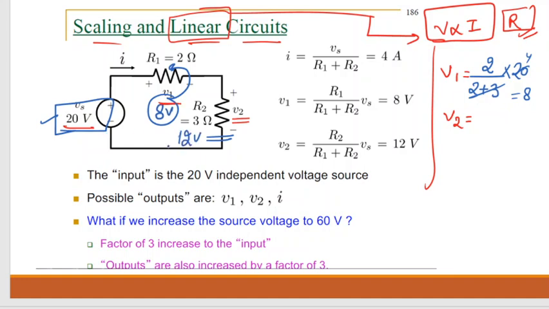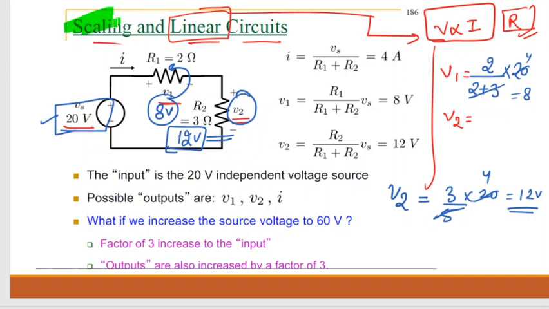12 volt? 12 volt. Now let's calculate separately for V2. It should be the same. V2 is how much? 3 divided by 5 into 20. Again, it would be 12 volt. This is known as scaling.